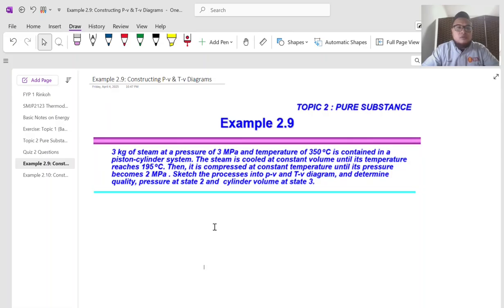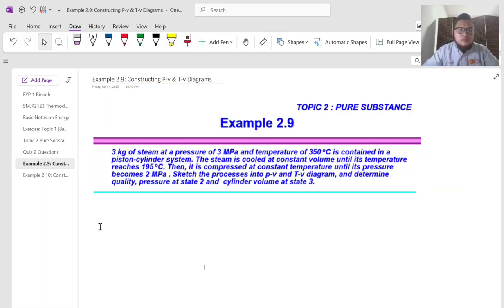We went through the vapor dome, where we learned about the saturated liquid line and saturated vapor line. All this knowledge will serve as background for our problem examples here.